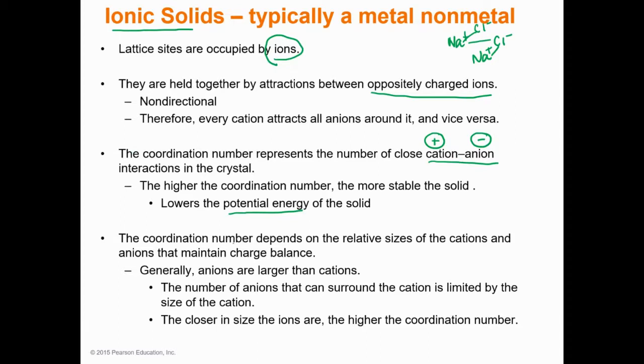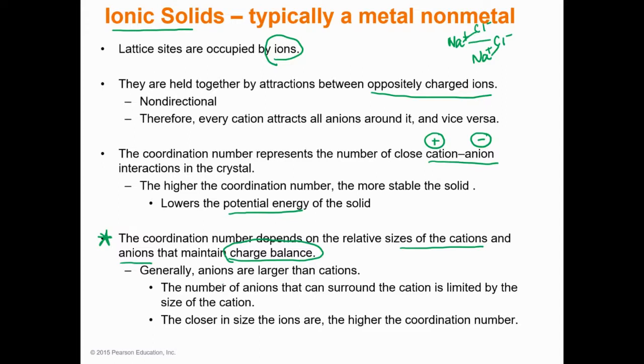The coordination number also, this is an important note, depends on the size of the cations and anions to maintain charge balance. This is an important thing. Charge balance, it's literally in what it says. How balanced are the charges? How even Stevens are they?